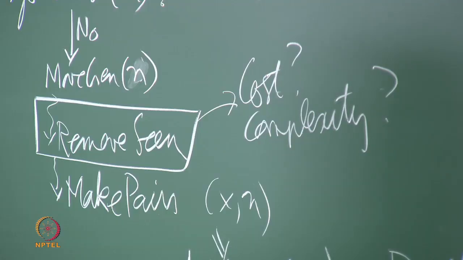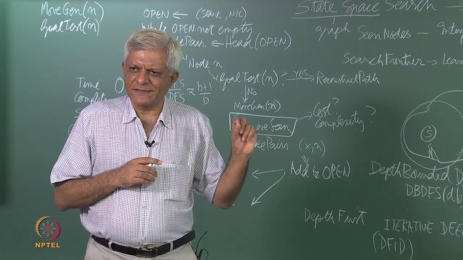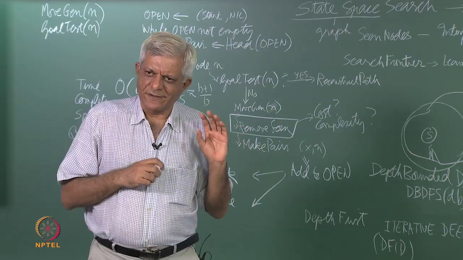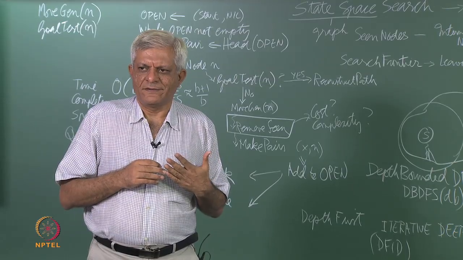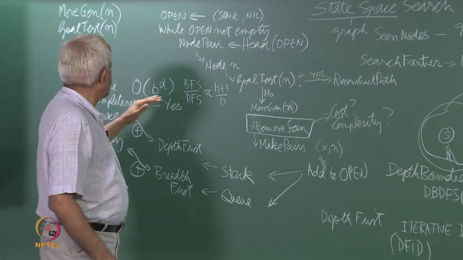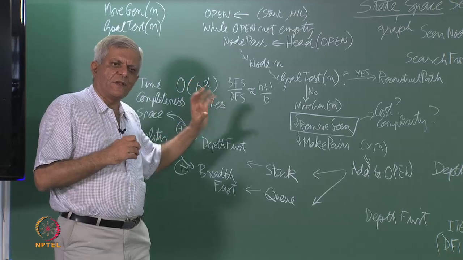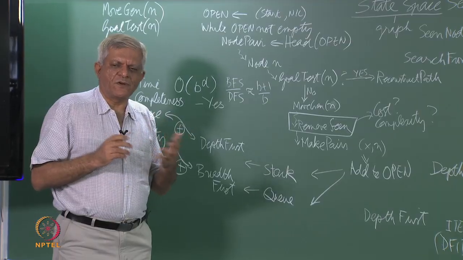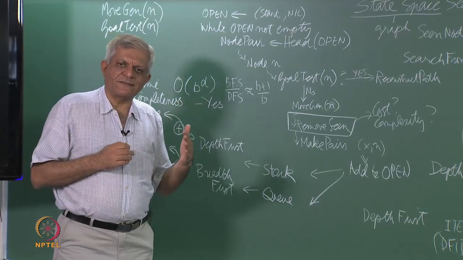But if I treated it as a list, how would I do it? I would have to sequentially search, which would mean it would be linear in the size of closed. And how is closed growing as depth increases? Closed, remember, is a measure. That is why when we talk about time complexity, we approximate it with the size of closed, which means the number of nodes that we have seen.